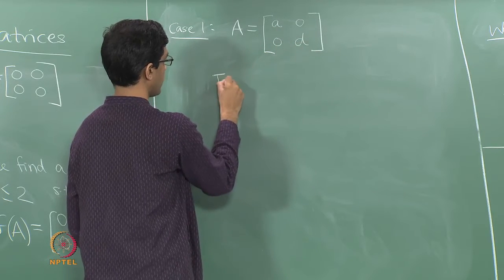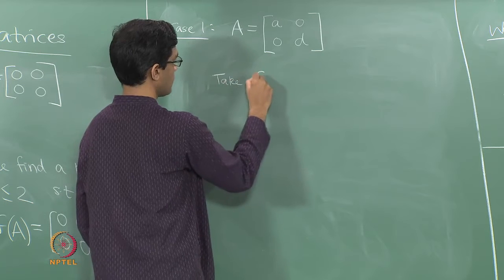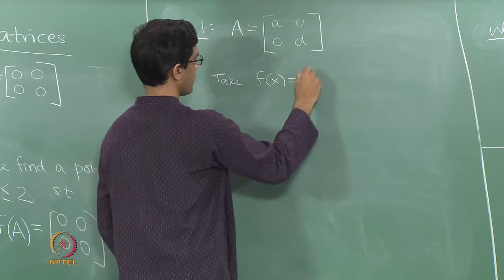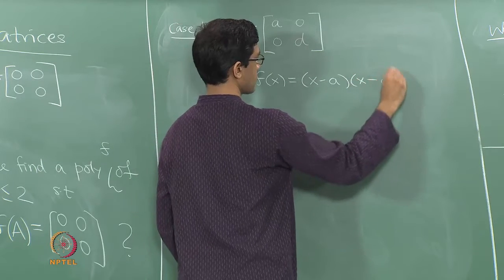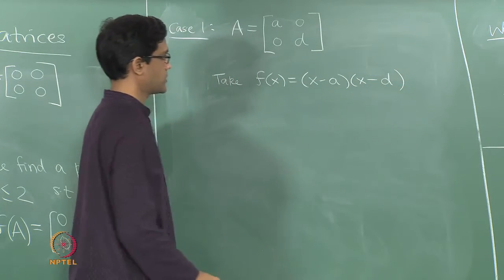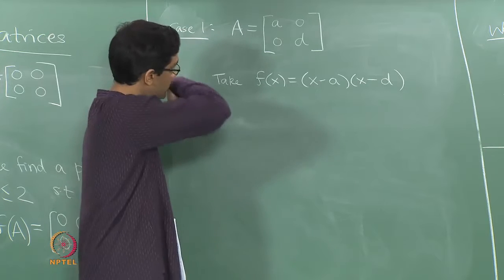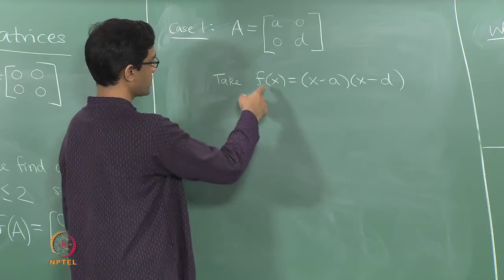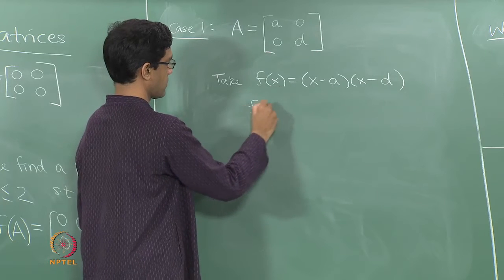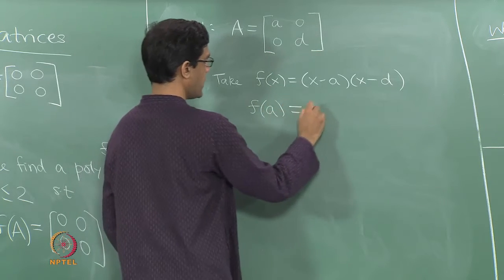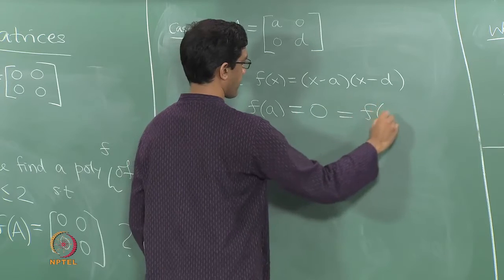So let us define a polynomial f of x to be x minus A times x minus D. So that is a quadratic polynomial, so degree is 2, and what property does it have? Well, if you plug in x equals a or x equals d, it would just give you 0.